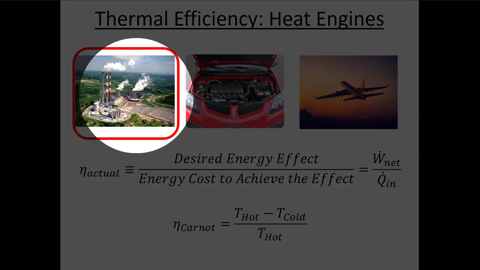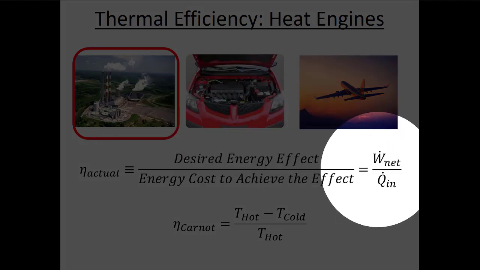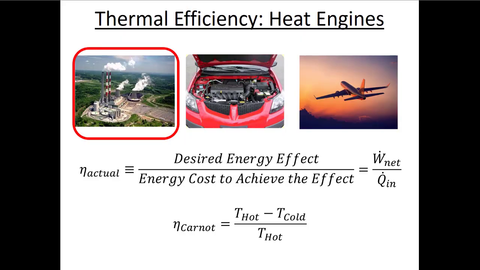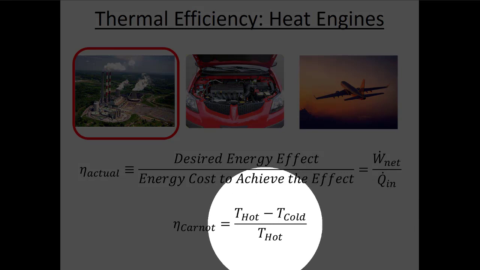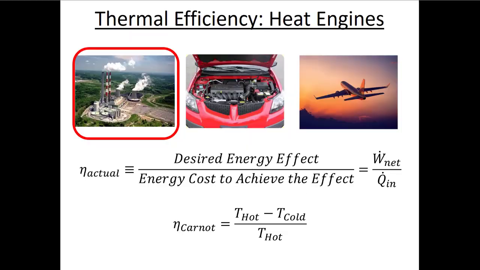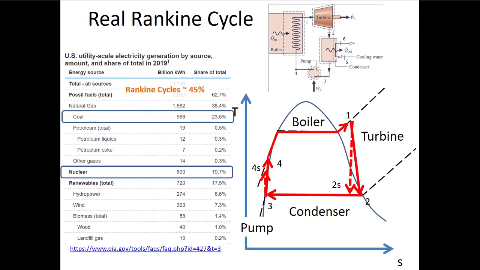And in these kind of engines, the energy benefit is net power, and the energy cost is that we have to add heat to the system, maybe by burning coal or maybe by running a nuclear reaction. We also know that if we know the temperature of our hot reservoir and the temperature of our cold reservoir, that's where we're adding heat and where we're rejecting heat to, then we can define the Carnot efficiency.